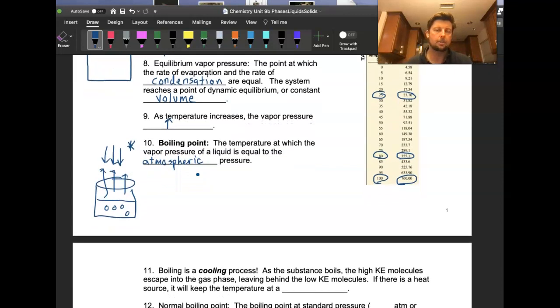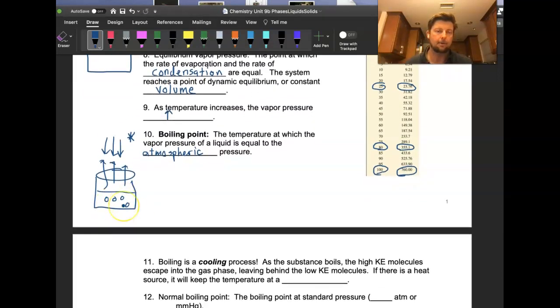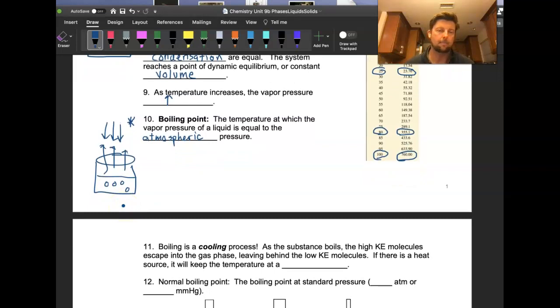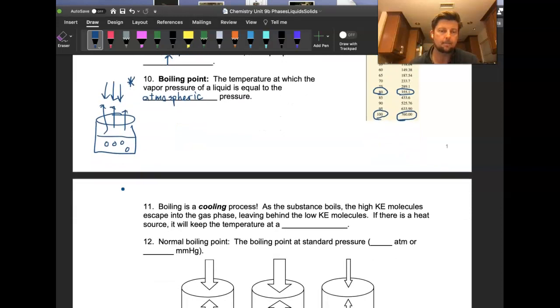So it's important just to memorize that, but also to understand what is going on in that process. So that liquid to gas phase change is happening quite rapidly, but at the same time you have pressure pushing down, so you get these competing things.